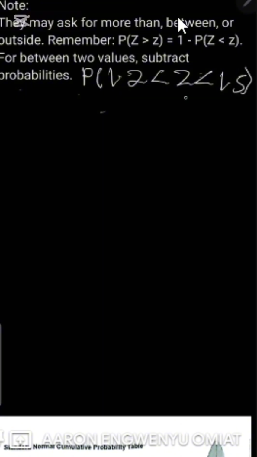So given that the Z score lies between 1.2 and 1.5, they ask us to find the probability that Z lies between 1.2 and 1.5.